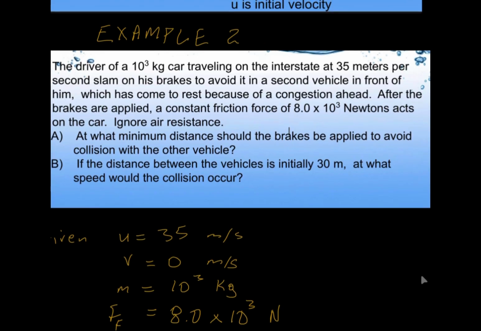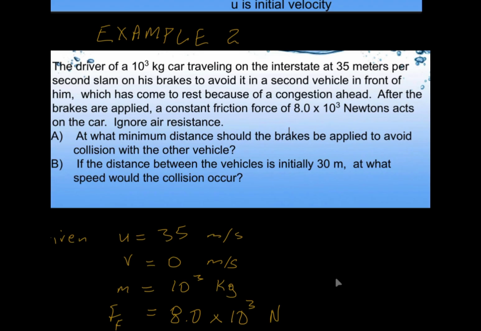Our given information is U equals 35 meters per second. V will be equal to 0 meters per second. M is equal to 10 raised to the 3 kilograms.